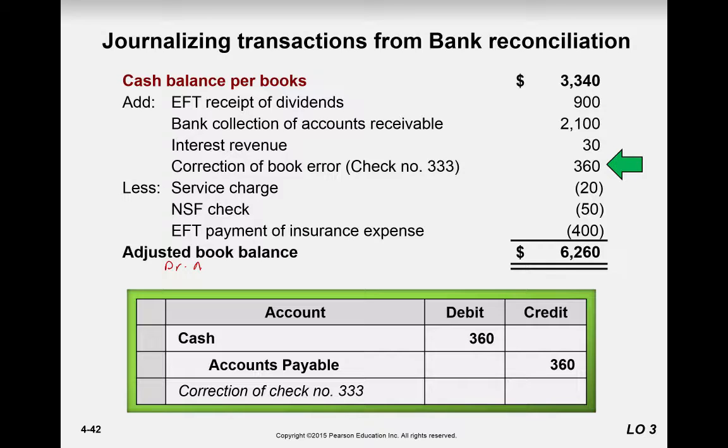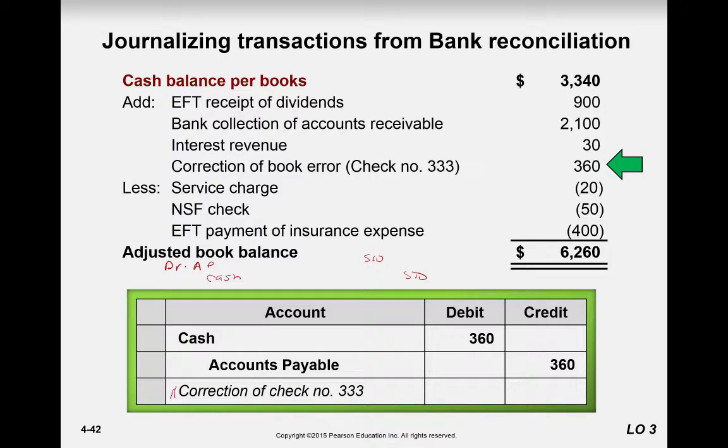Here we recorded check number for 510, and the amount we should have recorded is 150. So what we did is we credited cash and debited accounts payable to pay it off for 510, and we need to reverse that because it should have been only 150. So we debit the cash and we credit AP to correct that error.